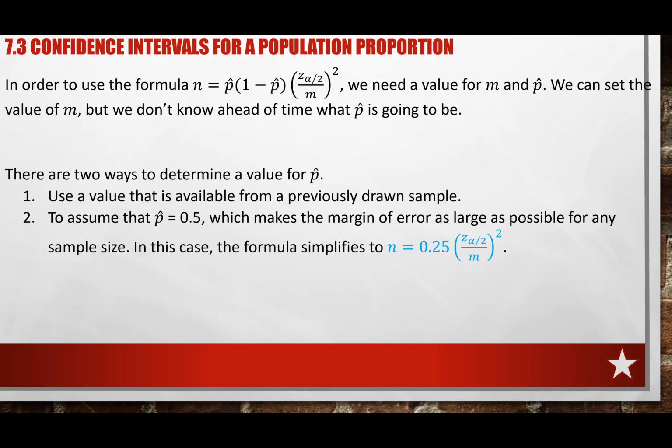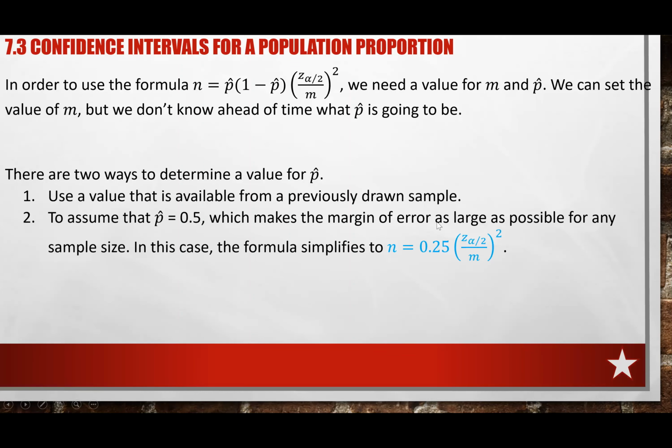If I ask how many of my students use an iPhone, and we're not in class, I would just assume it would be 50-50. So 50% use an iPhone, 50% do not. That gives us p hat equal to 0.5, and 0.5 times 0.5 gives you 0.25.